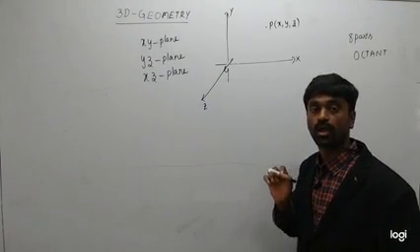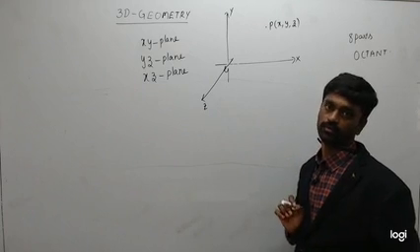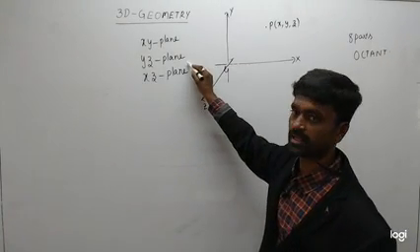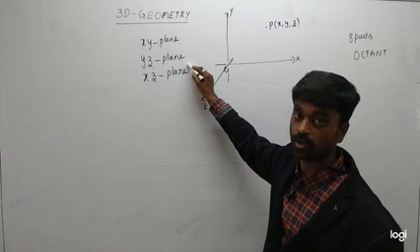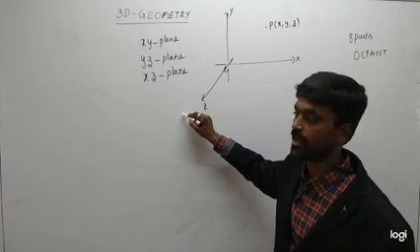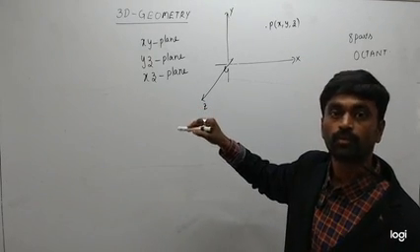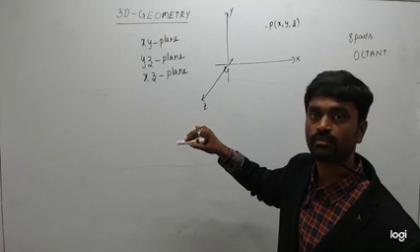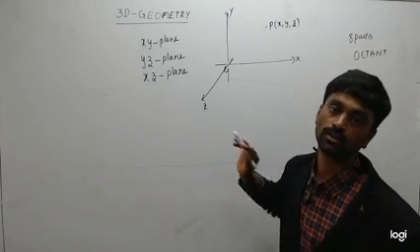Suppose both x and y are negative, but z is positive. Then you have to move x units along the negative x-axis direction because it's negative, y units along the negative y-axis, and z units along the positive z-axis. That means (-x, -y, z) lies in which octant? Third octant.